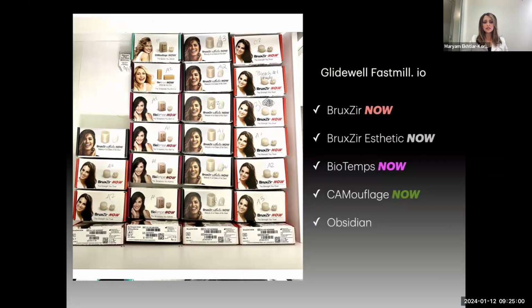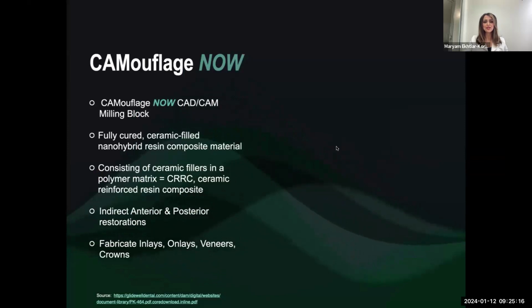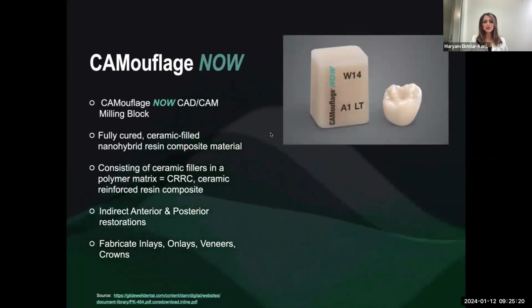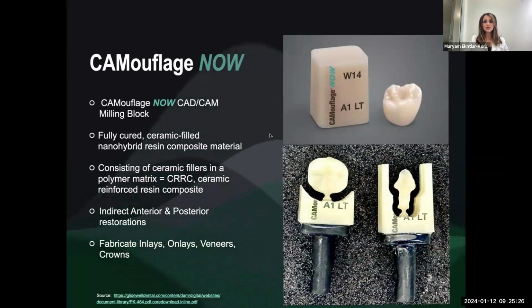And this is the inside of my drawer where I keep all my milling blocks. And as you can see on the far left, there aren't any more Camouflage left. So it is an absolute favorite in my practice. Camouflage Now is a fully cured, ceramic filled nanohybrid resin composite material.